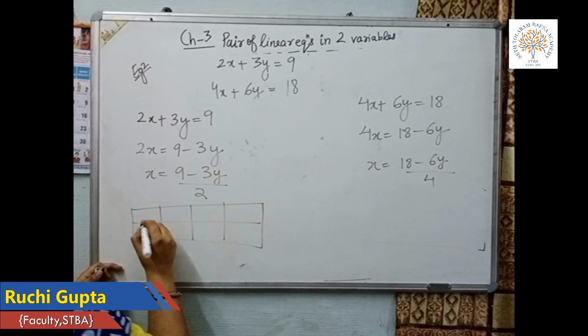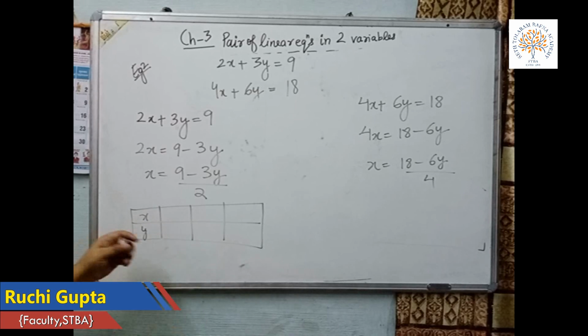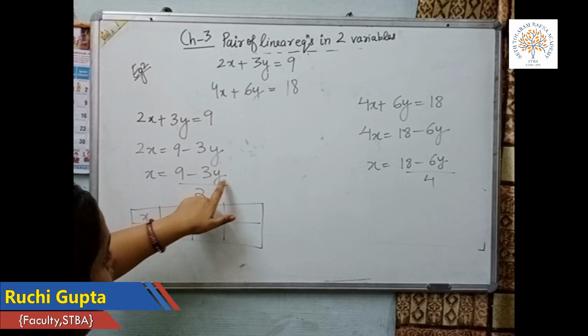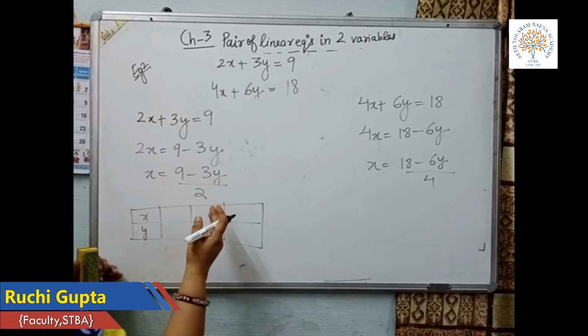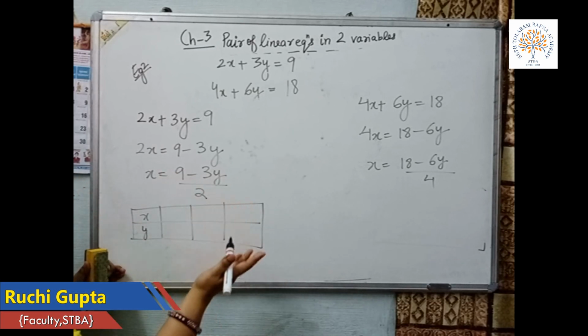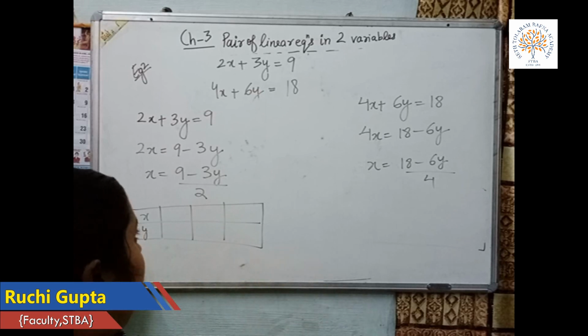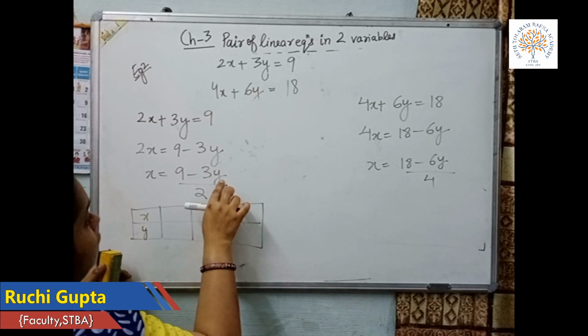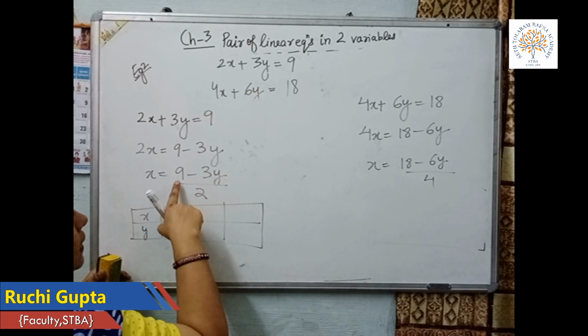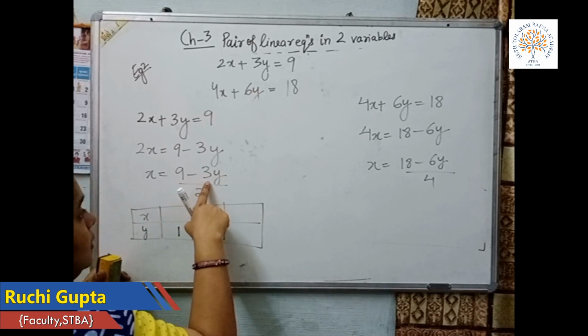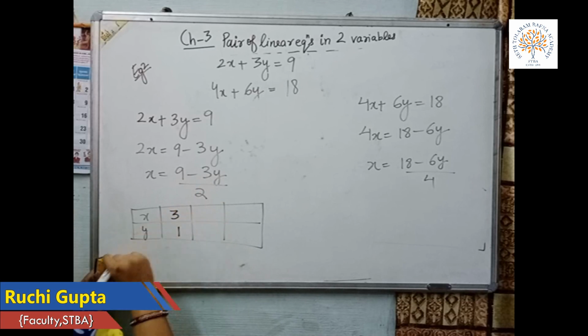solutions of this equation, okay, if I take y as 0, then it becomes 9 upon 2, that is 4.5. You can take the value in the form of decimal or avoid these points. If I take y is equal to 1, then 9 minus 3 is 6 upon 2, which is 3.